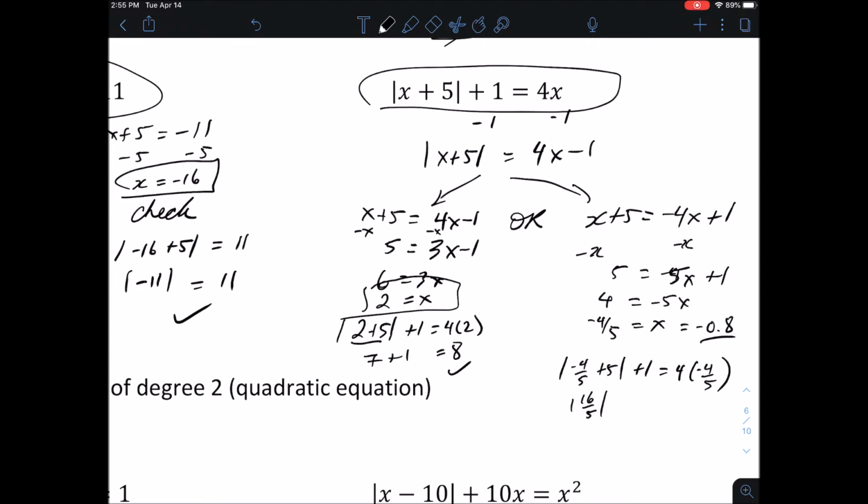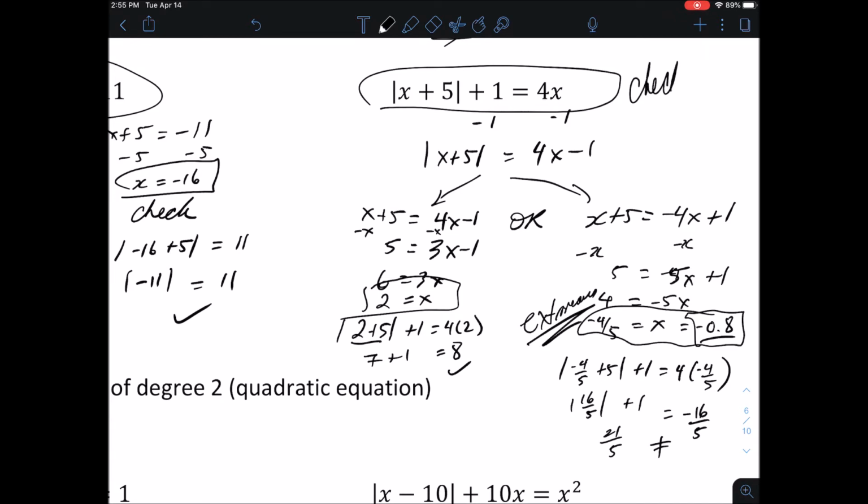So over here, I'm going to get, what is this, 16 over 5, which is 21 over 5. And on this side, negative 16 over 5. Oh, these do not equal. So this answer up here is extraneous.